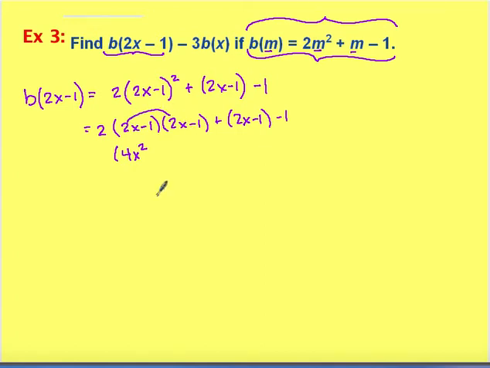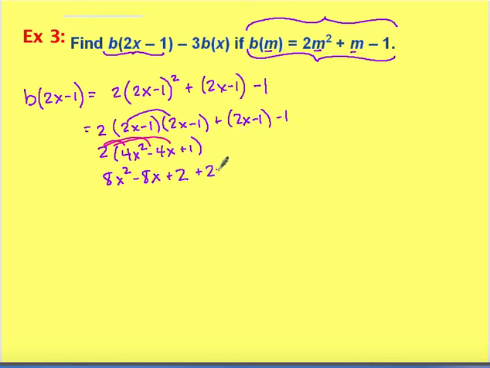My outsides will give me negative 2x. My insides will give me negative 2x, which simplifies to be negative 4x. And my lasts will give me plus 1. Then we'll multiply that 2 through by distribution, and that will give me 8x squared minus 8x plus 2.